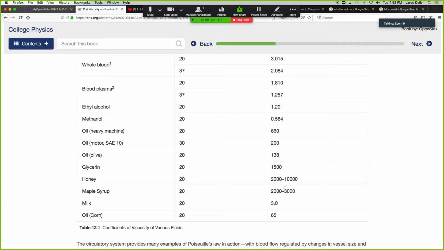It's the dark, they call it the dark grade syrup, and it's usually not sold in stores. What they sell in stores is usually the amber grade syrup. The dark grade is usually too strong for most people. It has super strong maple syrup flavor, and you can even taste a little bit of the wood alcohol in it. It smells a little bit like alcohol when you open it.